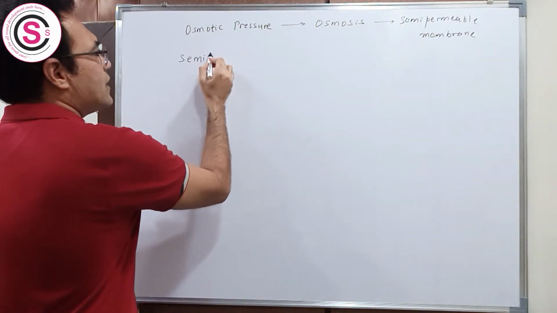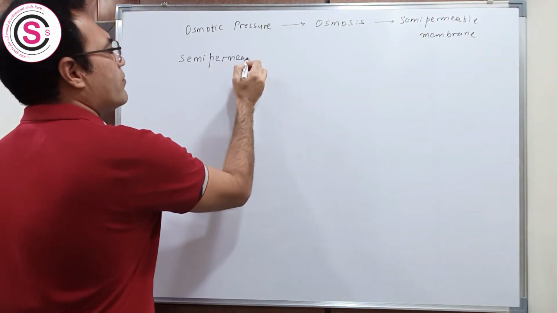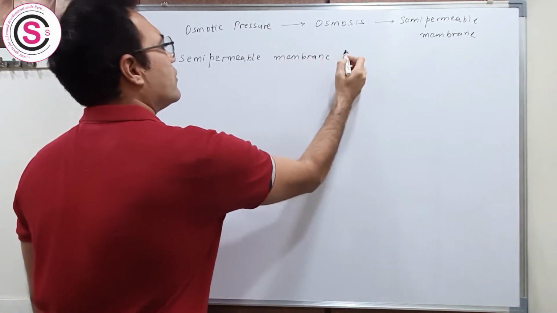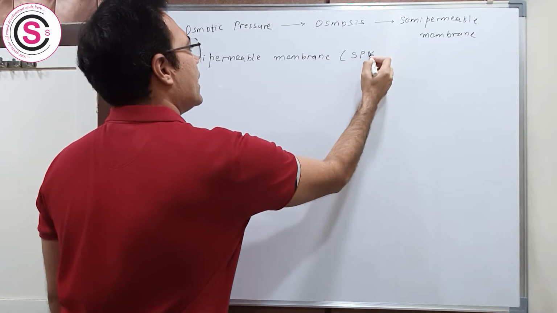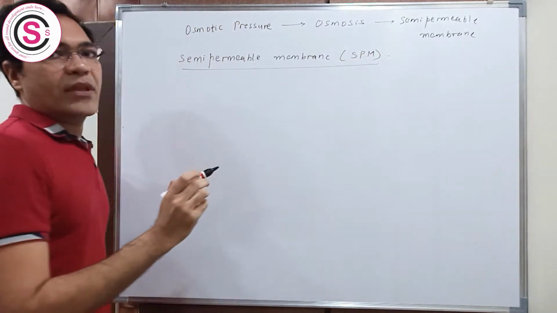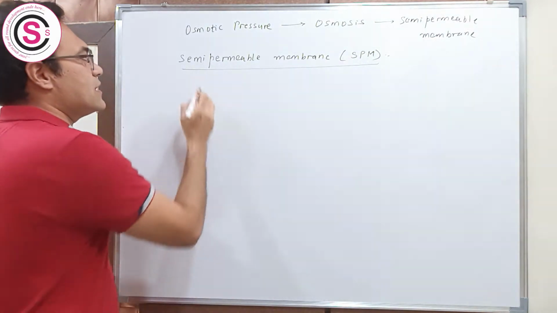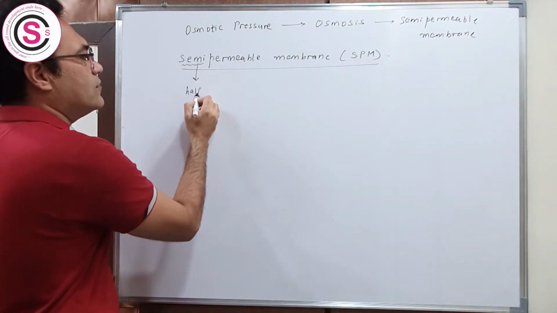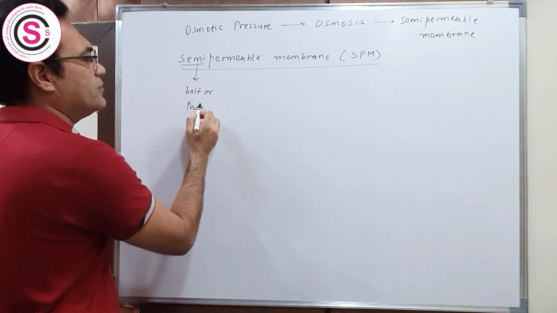As the name suggests, semi-permeable membrane, in short, we write SPM. Semi means half or partial.